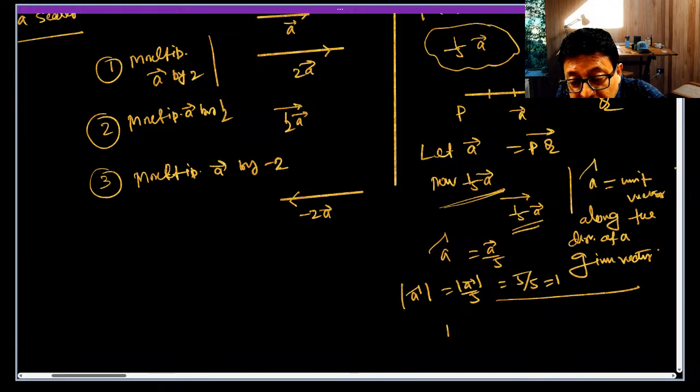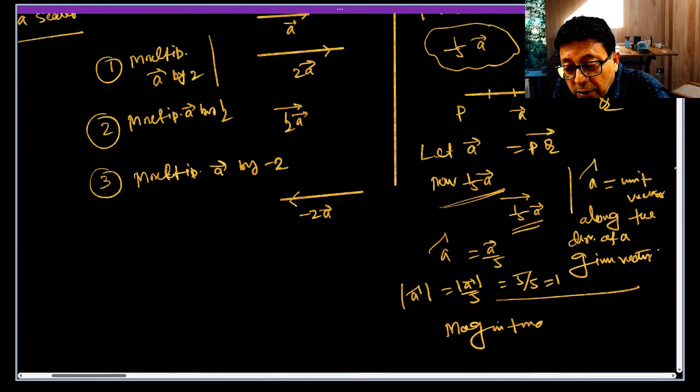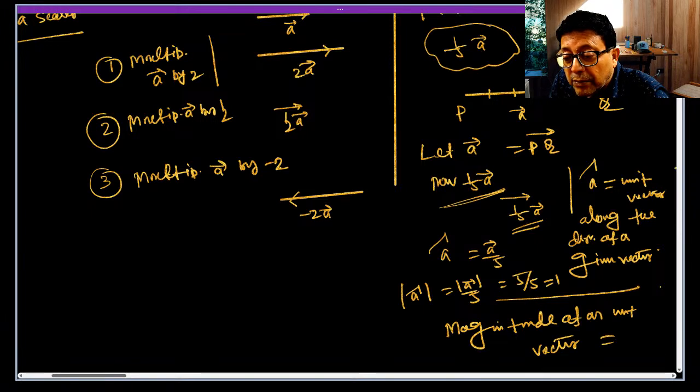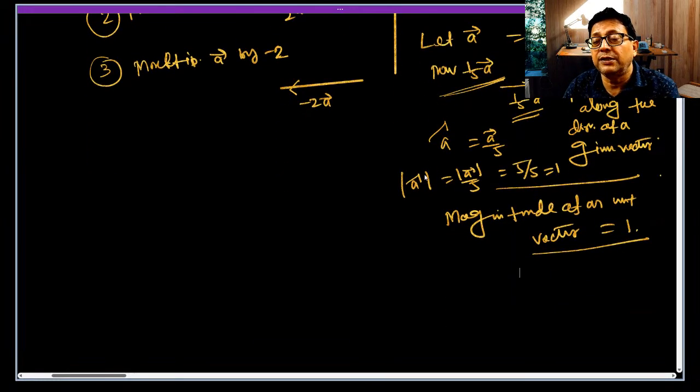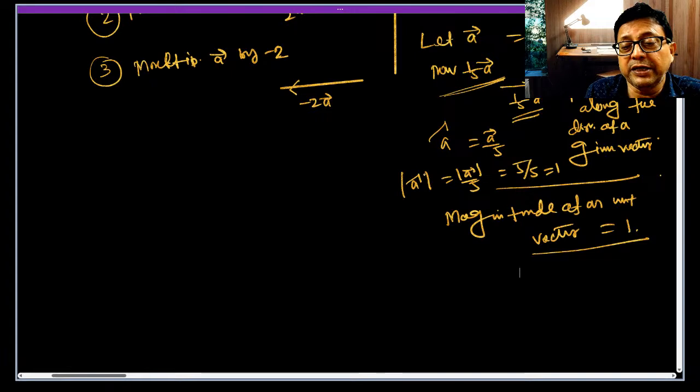Draw a conclusion here: the magnitude of a unit vector is always equal to 1. Clear? So you understand how to represent a multiple of a given vector.